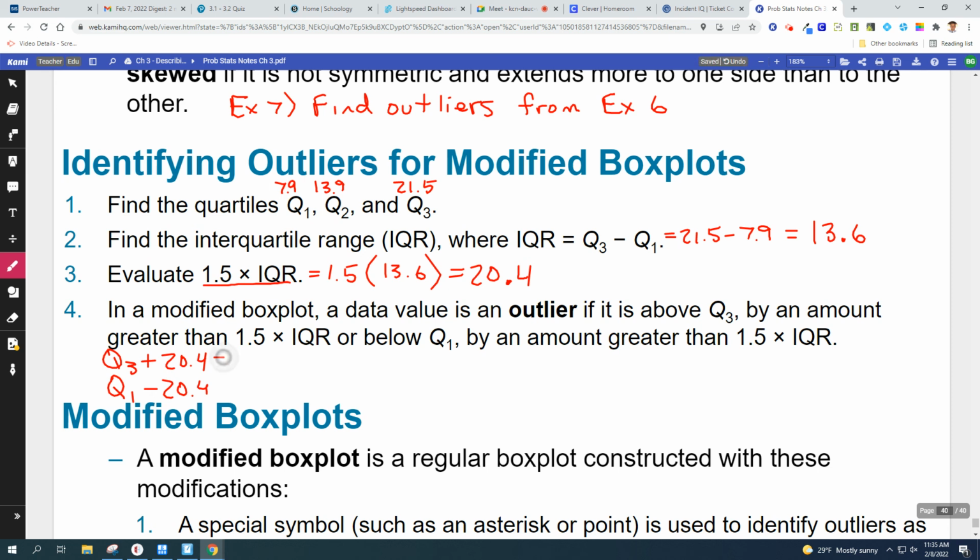Q3 was 21.5 plus that 20.4 is 41.9. And Q1 was 7.9 minus our 20.4 is negative 12.5. Anything outside of those two numbers is going to be an outlier. Anything greater than 41.9 or less than negative 12.5.